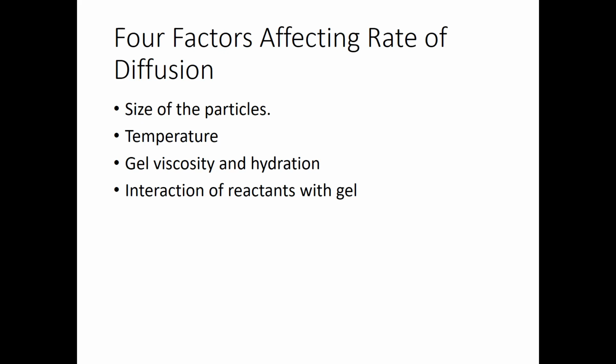We want it usually to be at room temperature for optimal testing. The gel viscosity, how was the gel prepared properly? And we have to maintain a hydration of the gel so that it's not drying out. If the gel dries out while we're doing the test, the precipitation is not going to happen properly. And then we're going to look at how well the reactants, the antigen antibody, work within the gel.